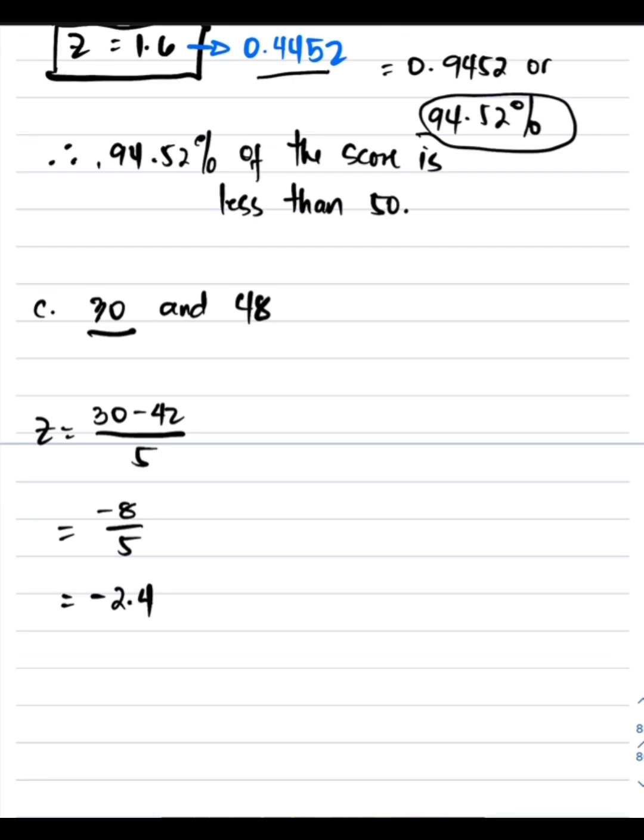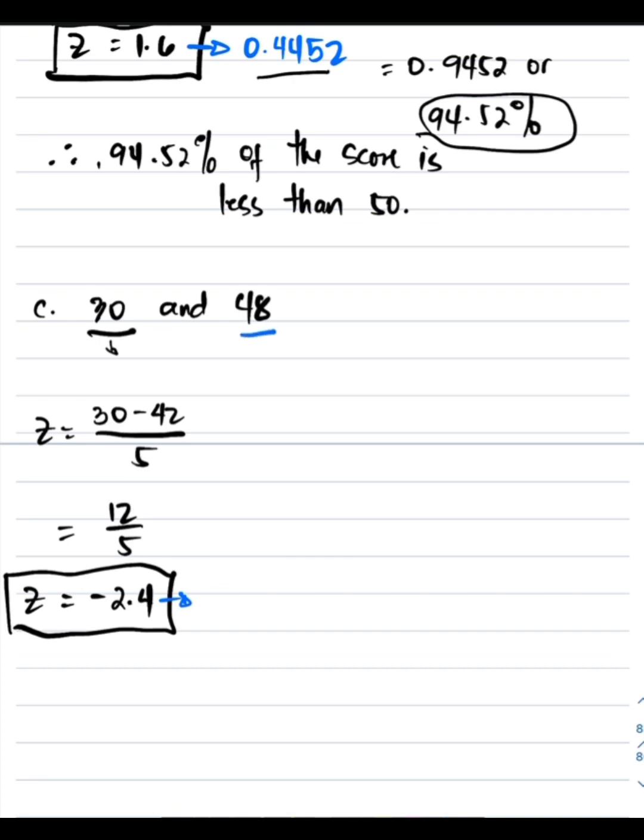I know, that is 12 pala, this one. 30 minus 42, that is negative 12. Then this is the z for the observed value of 30. Then, its area we will find later. So, let us first do the z.